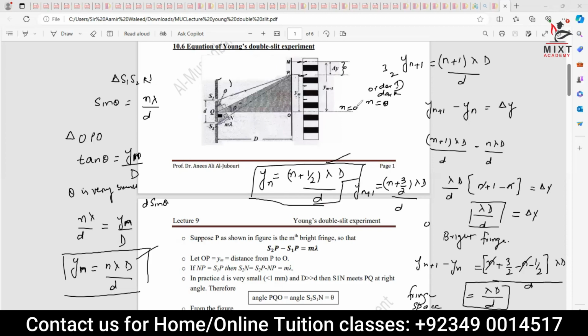It's only for the bright fringe that n actually starts from 0 and you say 0th order and 1st order. But in the case of dark fringe, your 0 is basically your order number 1. I will tell you what exactly I wanted to say. Yes, everyone copied this?